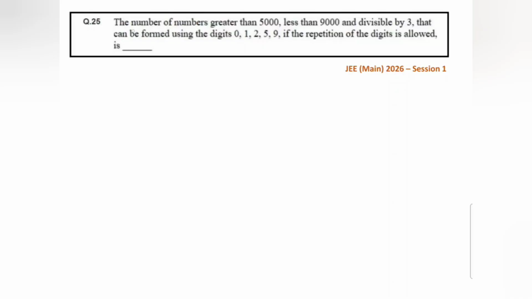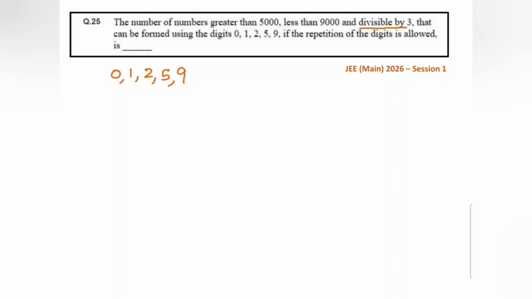The number of numbers greater than 5000 and less than 9000 which are divisible by 3 can be formed using these digits. So the digits here are 0, 1, 2, 5 and 9, if the repetition of digits is allowed.